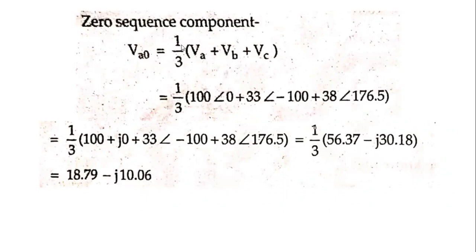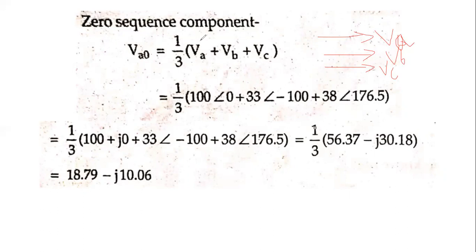Because in the zero sequence component, there is no phase angle difference between the phases. This is the VA, the angle difference between the A and B phase is 0, this is the VB and this is the VC. That's why there is no operator alpha.